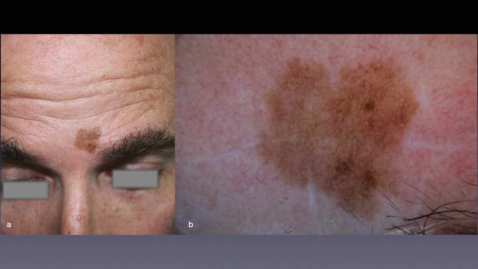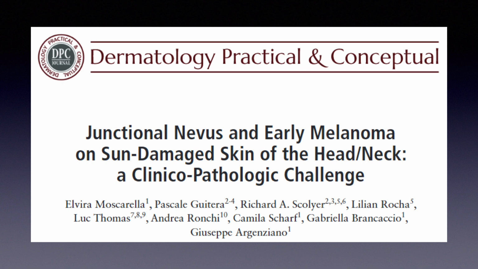When you perform an incisional biopsy of a lesion that you're thinking is a melanoma, and your pathology report comes back as a junctional nevus, be aware, talk to your pathologist, discuss for a revision, because on sun-damaged skin, it might happen that a diagnosis of a junctional nevus is made in a lesion that is actually an early melanoma, as described in this paper published by our group.